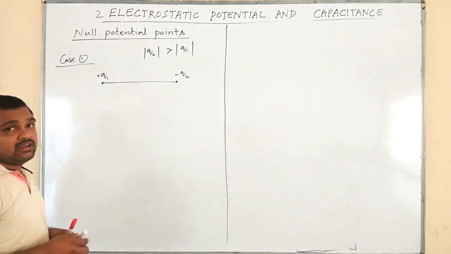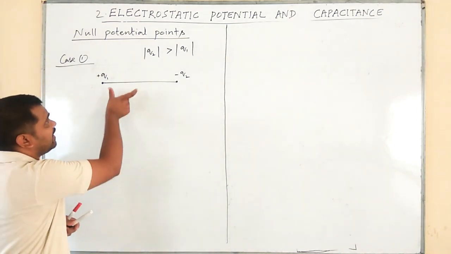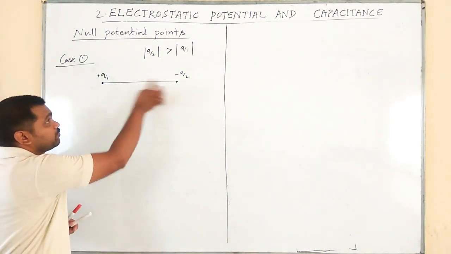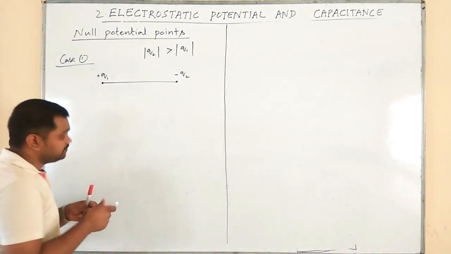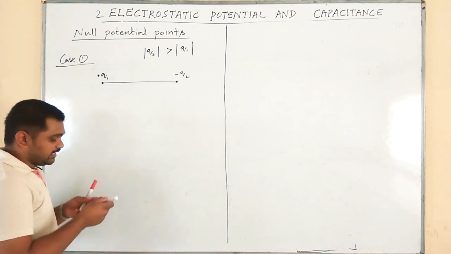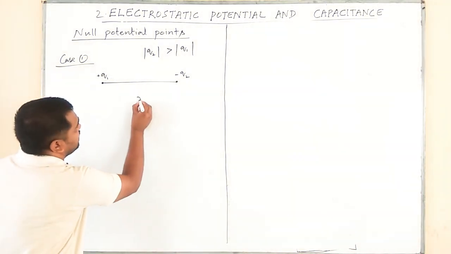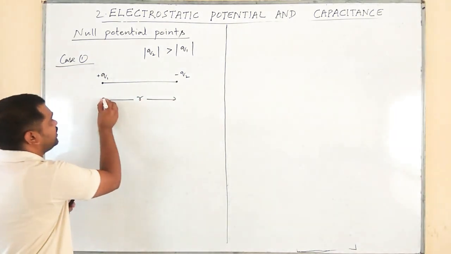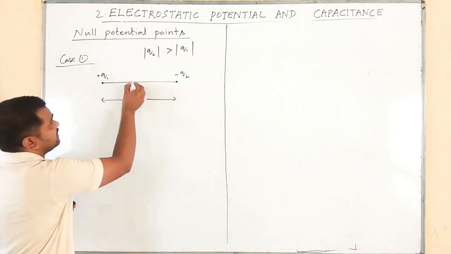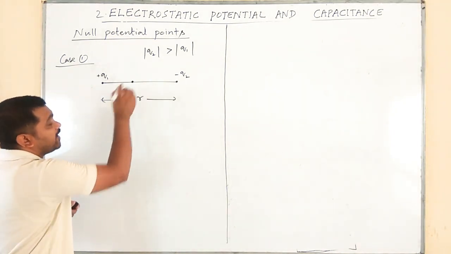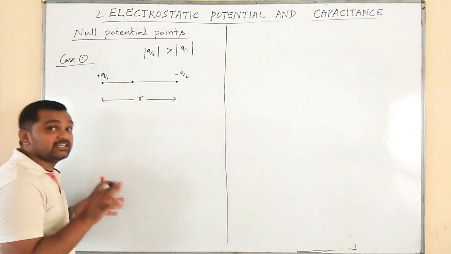In case 1, the null potential point will lie between these two charges, along the line joining the two charges. Say, for example, r is the distance between the two charges, and at this point the electric potential is 0.